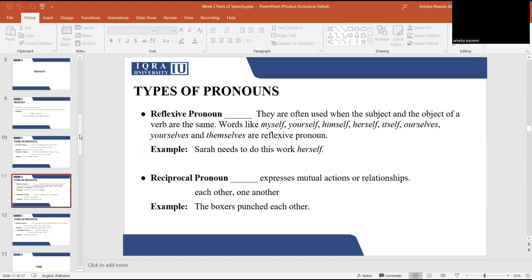Mutual means when two people do the same thing. It's a mutual relationship, continuing by both of their consent. So the boxers punched each other, just fighting among themselves.